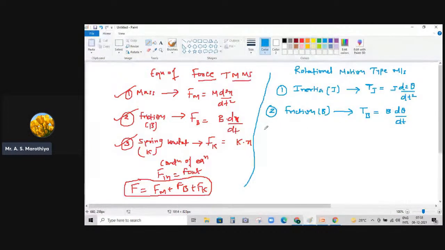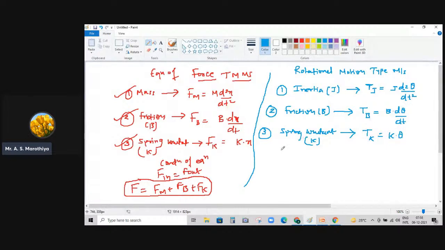In the same way, here we have spring constant indicated by symbol K, and the torque component offered by spring constant, T suffix K, is going to be equal to K times theta. This is very important.